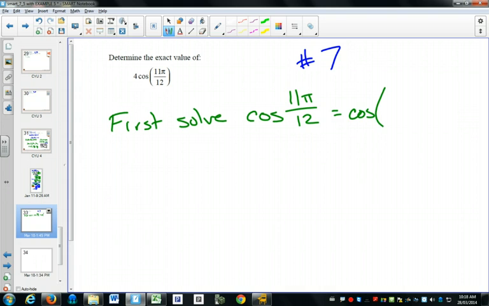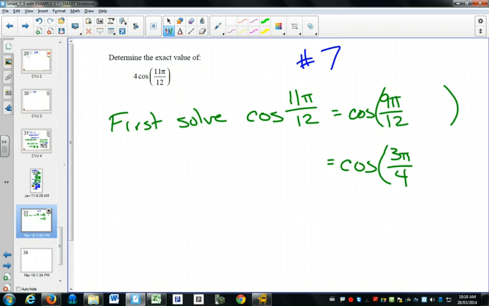And like the last question, we have to start with a pi over 4 family. 9 pi over 12? So 9 pi over 12 is equal to 3 pi over 4.